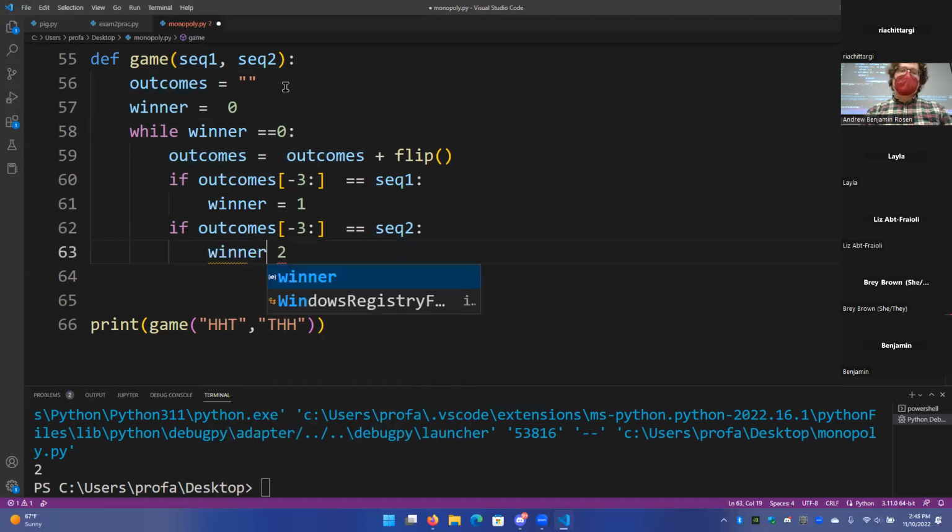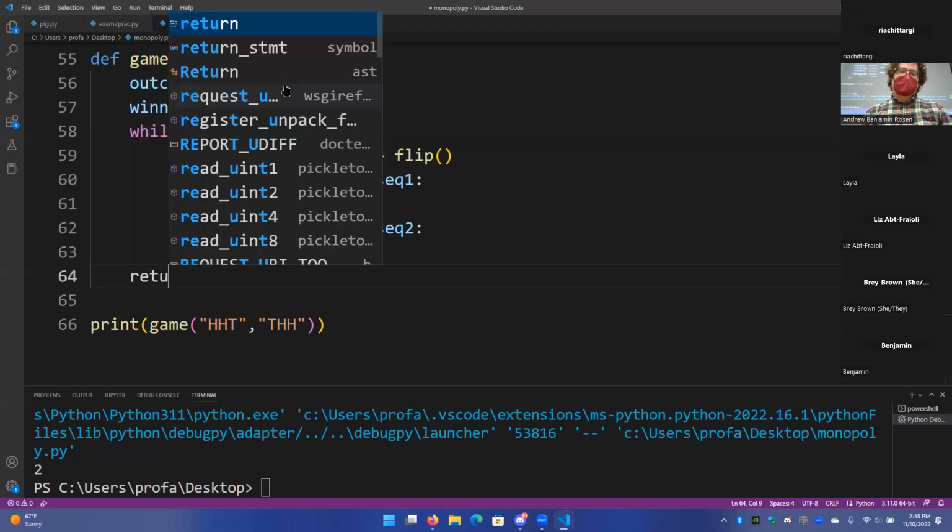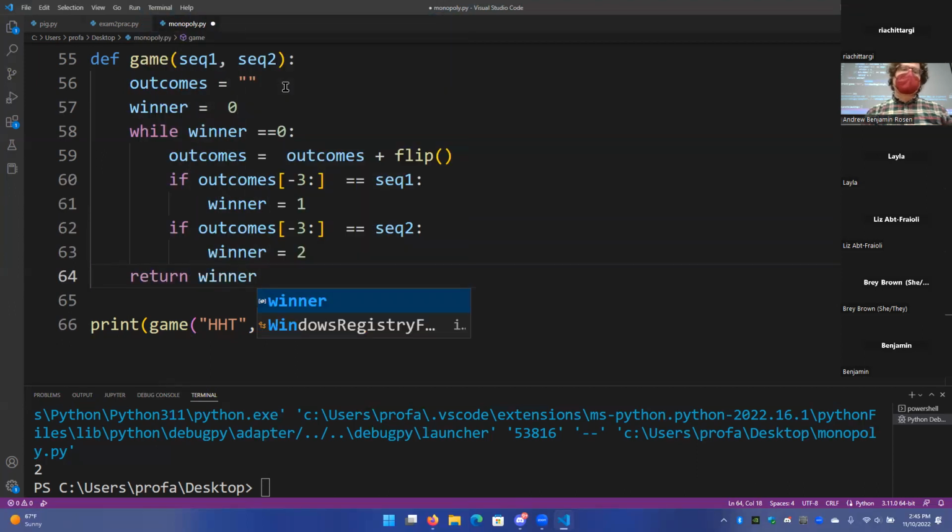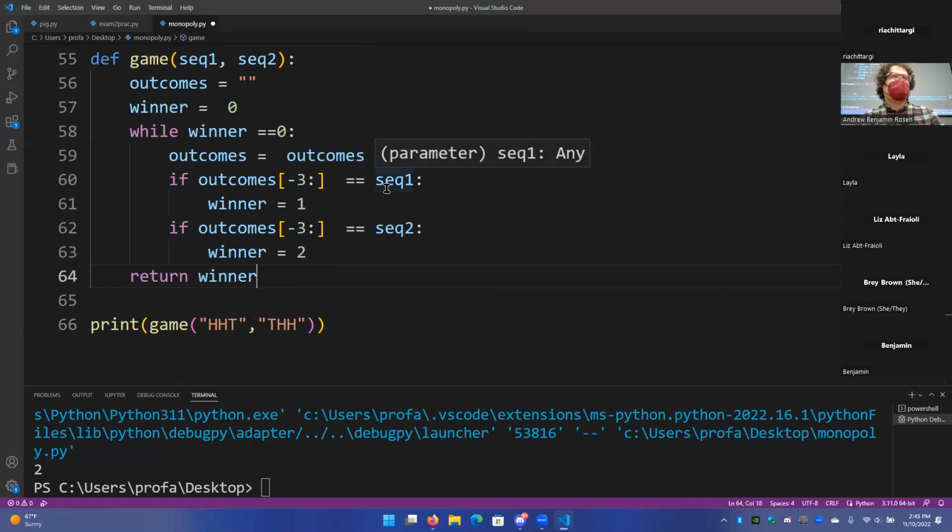Once winner is set to 1 or 2, our loop ends and we can just return the winner. It's effectively the same thing. I've just added two more lines, but I've removed the while True loop, which is always a nice thing.